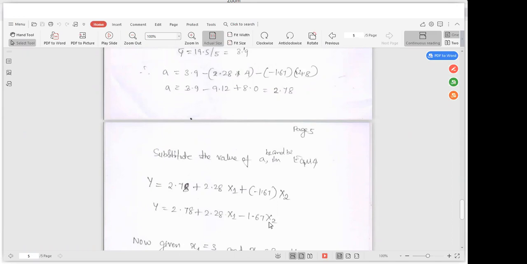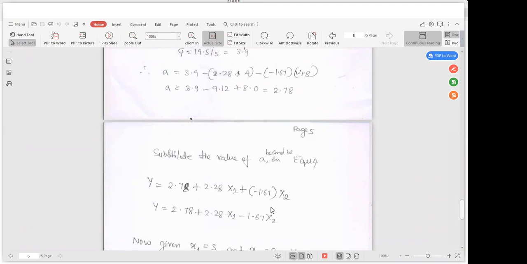This is the regression model equation, the final equation we have obtained, giving the intercept 2.78, slope 2.28 into x1, minus 1.67 into x2.